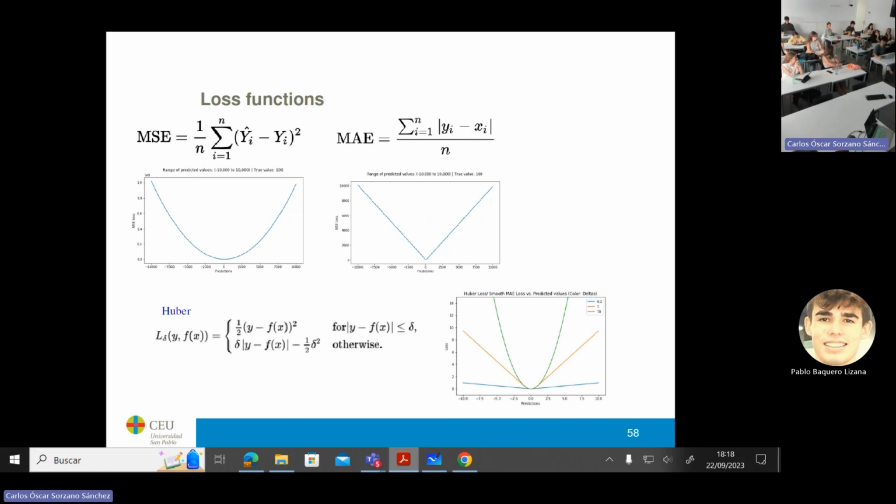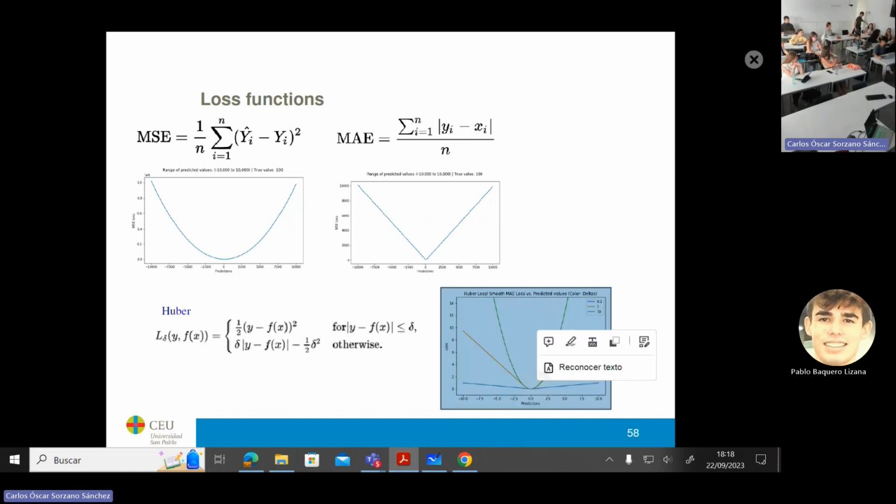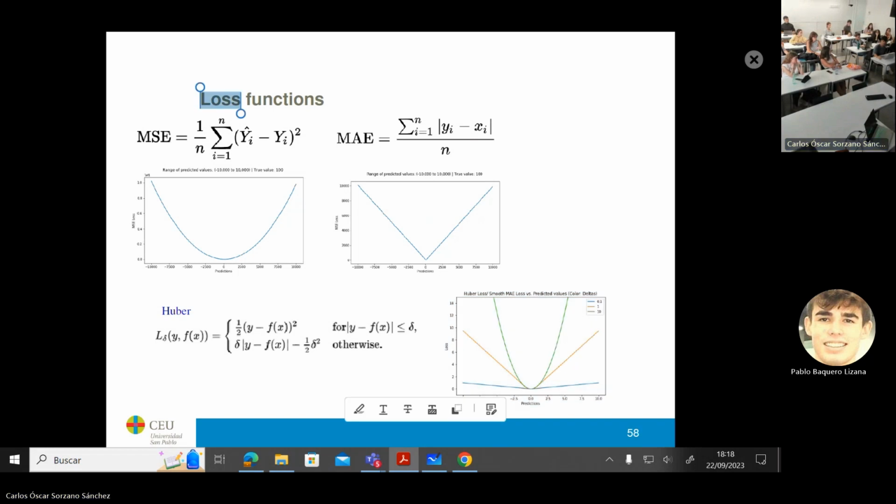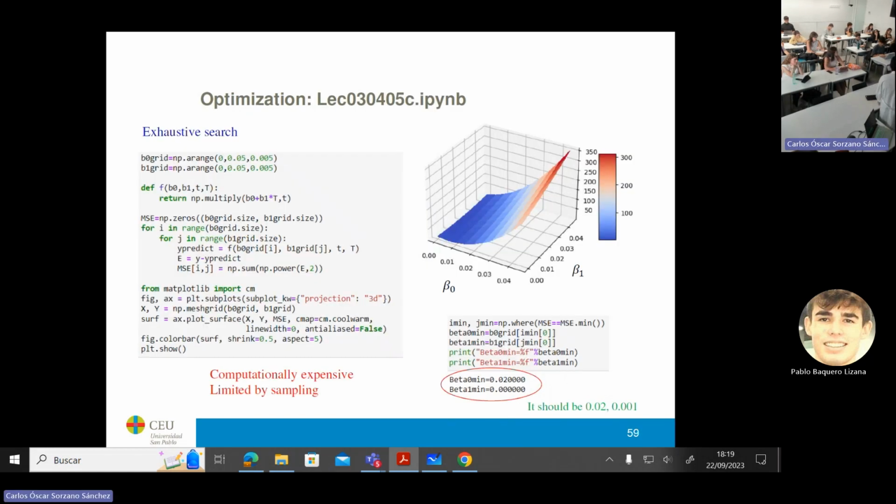And for instance, this Huber distance is partly quadratic, and then from some point on it is linear. And it has advantages because if you keep the quadratic one, what happens is that if you have an outlier, this outlier drives the estimation of the parameters very much. Okay, and here you have this example. Can you see it with the light? Yes.